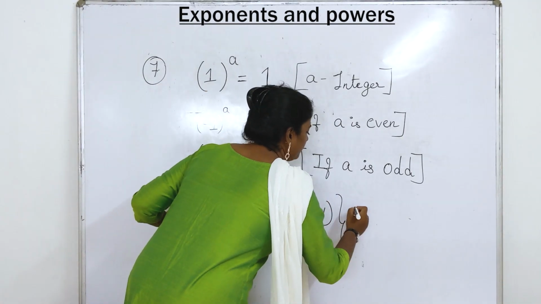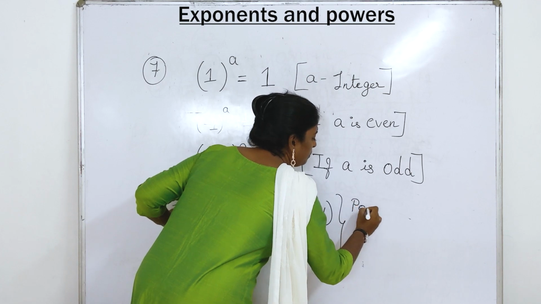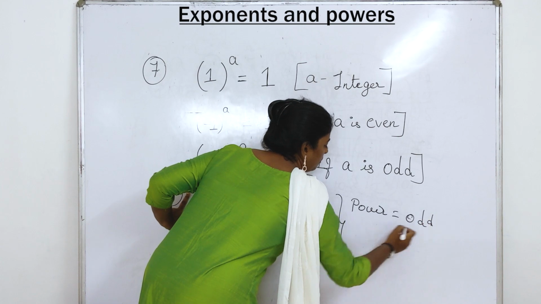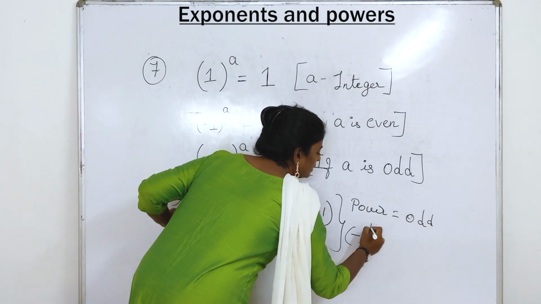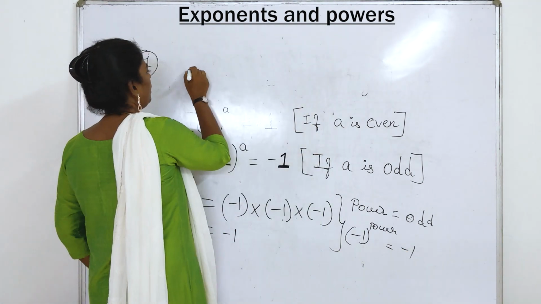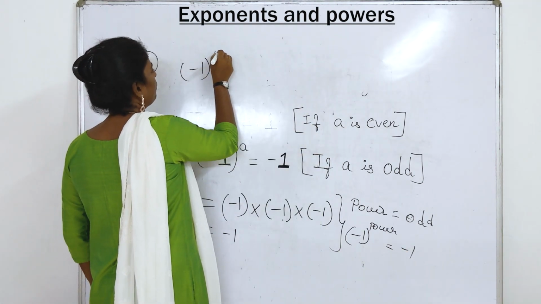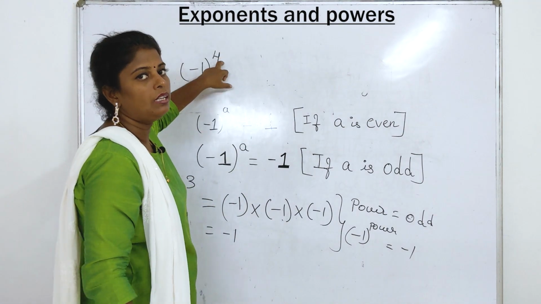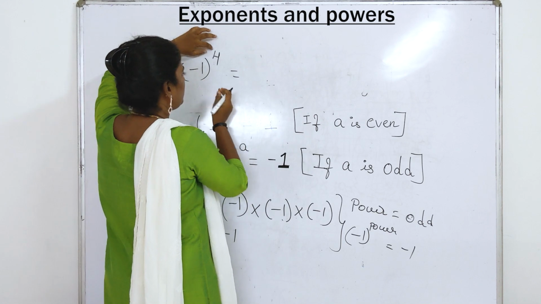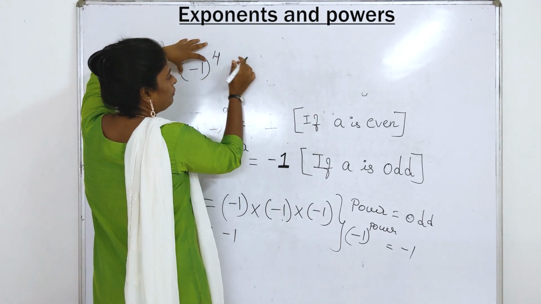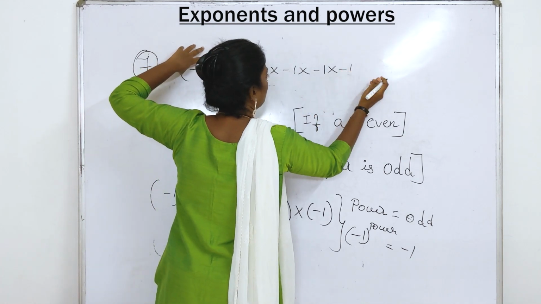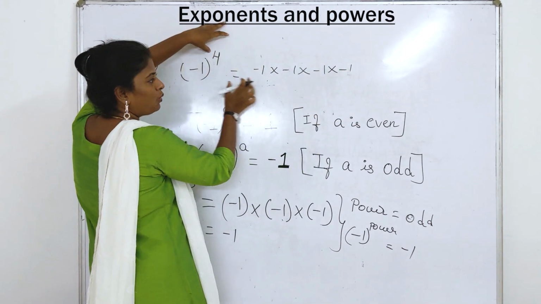So if the power is odd, we have minus 1 to the power as minus 1. If we have minus 1 to the power 4, whereas 4 is an even number, we are multiplying the base, minus 1 into minus 1 into minus 1 into minus 1, that is, minus 1 by 4 times.